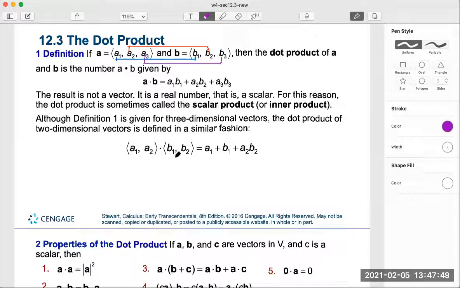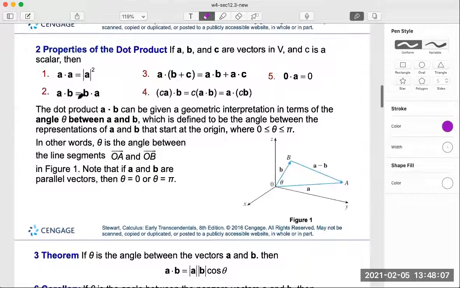In vector form, in 2D, it is written like this. So remember, we build on top of what we have studied before. Whatever is true in 2D should also be true in 3D. Okay. And here are some properties of the dot product.